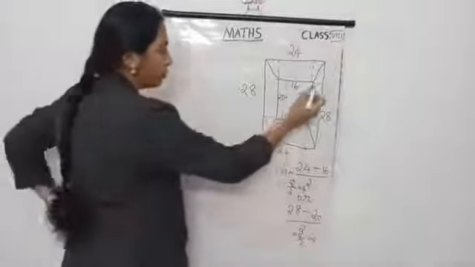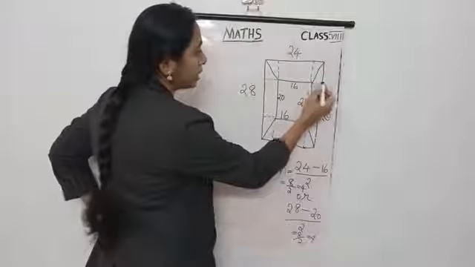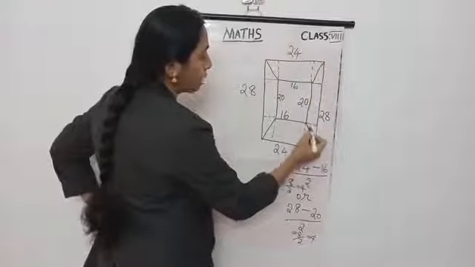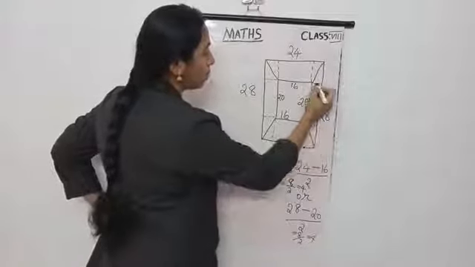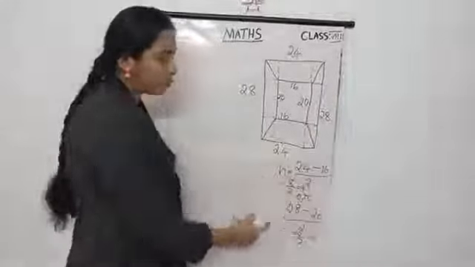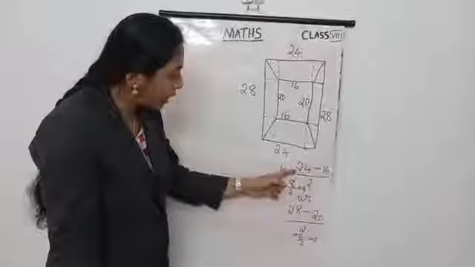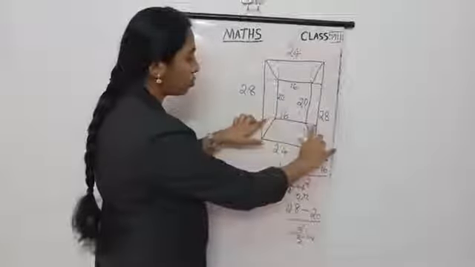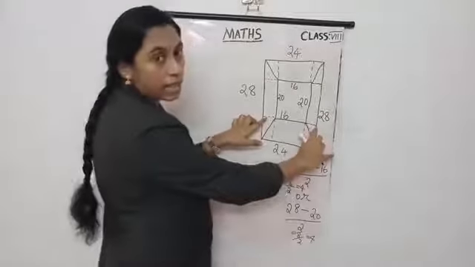Okay, so if we draw like this, this is the height of this trapezium. Here we have both sides, this height. So we need to find the height in 2 different ways. 24 minus 16. That means these 2 sides is the height.